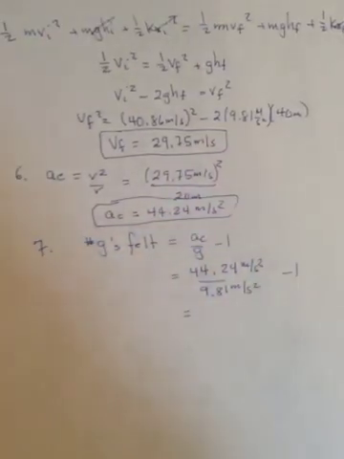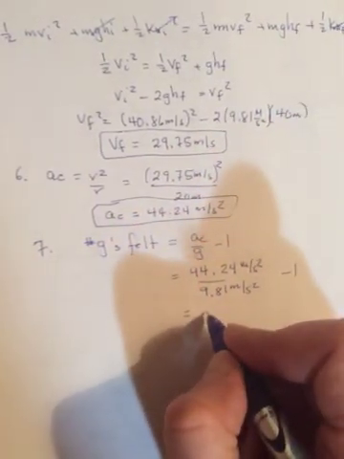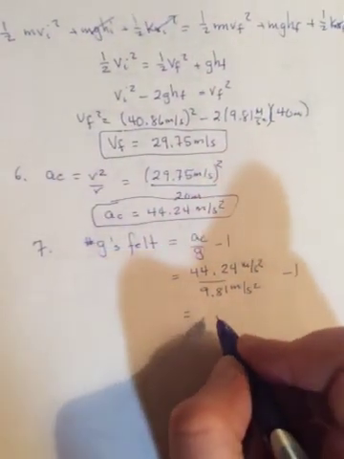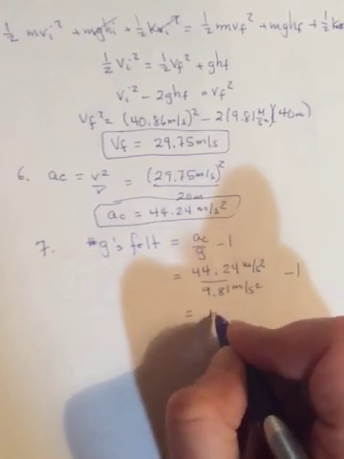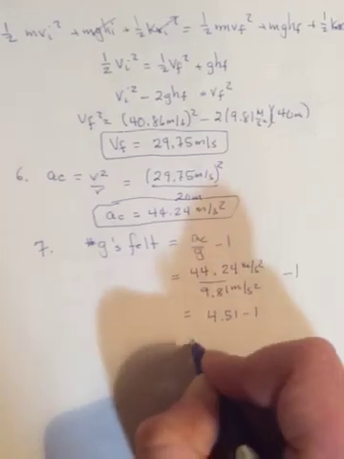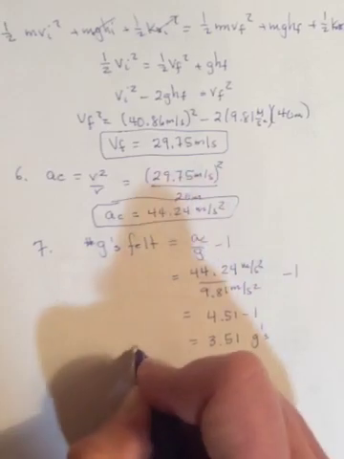And when you do this, you get the 8.51, but this time it's, oh no, I take that back, you don't, because I'm dividing a different number. You get 4.51, and then this time it's minus 1. So you end up with 4.51 minus 1, or 3.51 Gs.